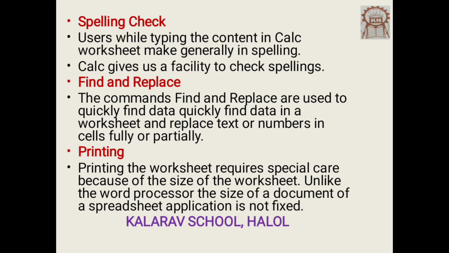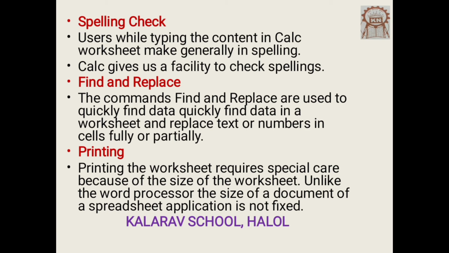All you need to do is just a right click and select the appropriate option from the given choices. To check spelling, Calc uses a dictionary. If the word you have entered is found in the dictionary with the same spelling, the word is considered correct.